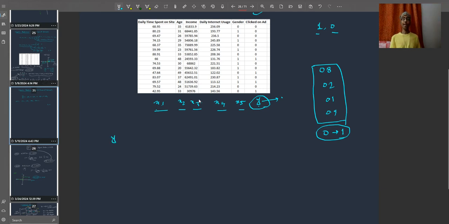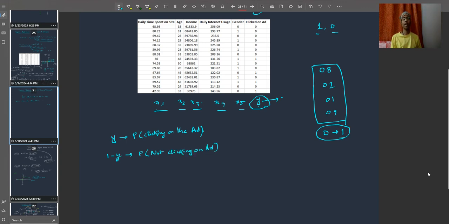Here, y is the probability of clicking on the ad. Therefore, the probability of not clicking on the ad comes to be 1 minus y. So this will be 1 minus y, which is probability of not clicking.